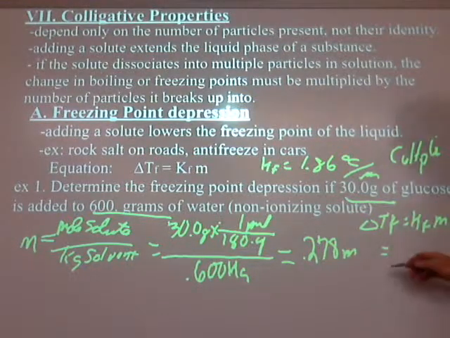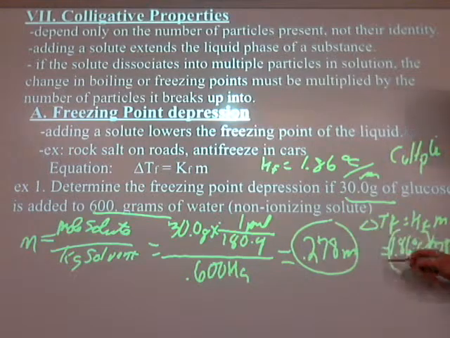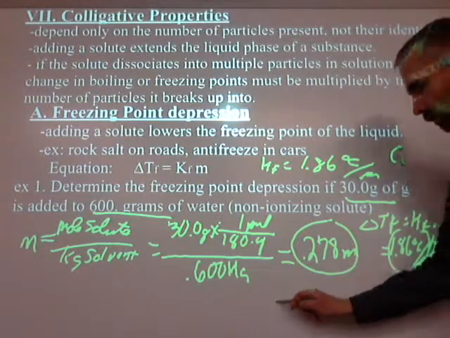What's my KF? 1.86 degrees Celsius per molal times 0.278 molal. Molal cancels, and it leaves me with what for delta TF?